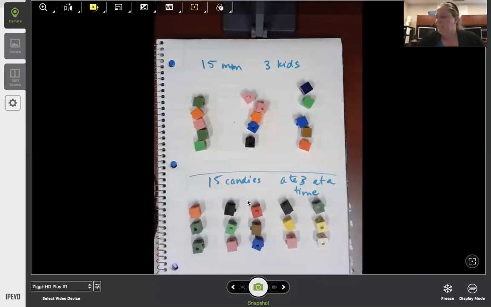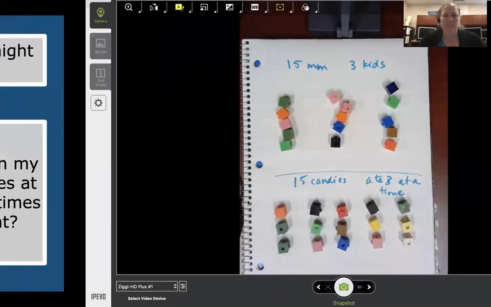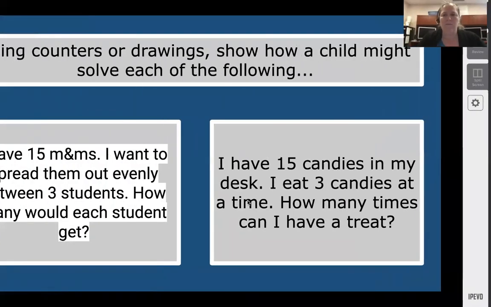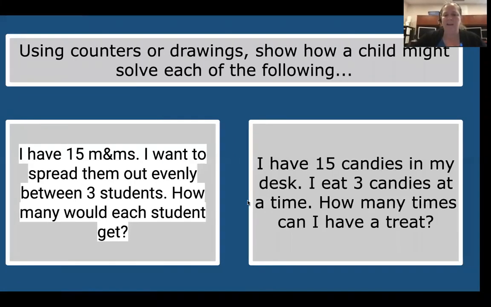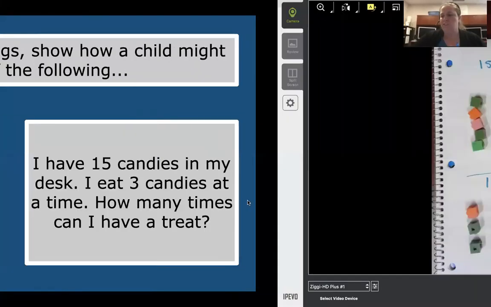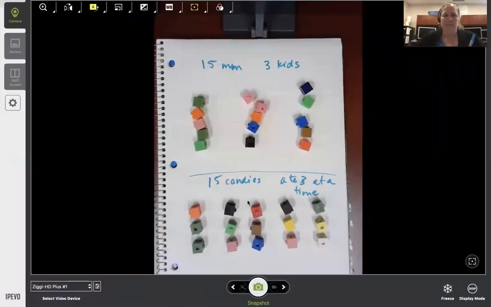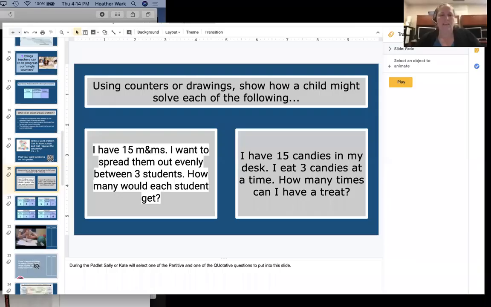But the thing about working with kids through these types of problems is that to kids, these are completely different problems, and they solve them in completely different ways. So Linda has nailed it, that this is what makes these two problems different.